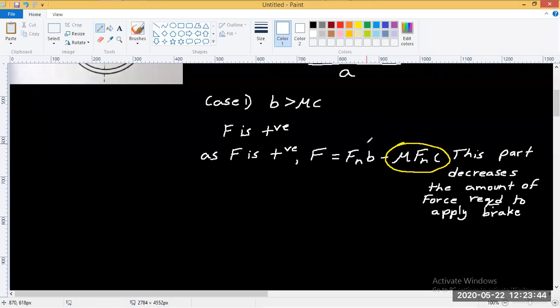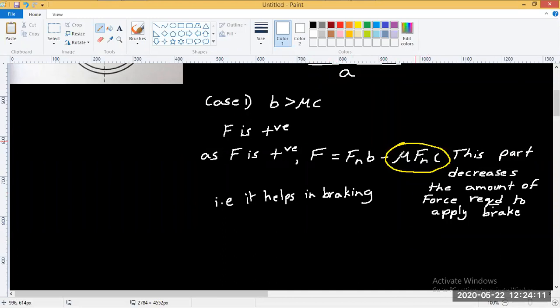So let's continue. It helps in braking, you can say. So for this portion here, you can either increase the value of mu or increase the value of c.